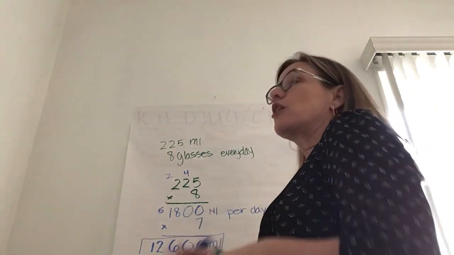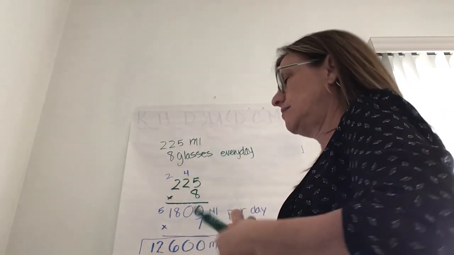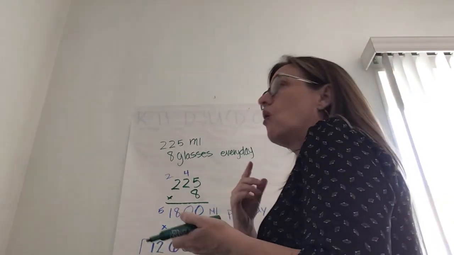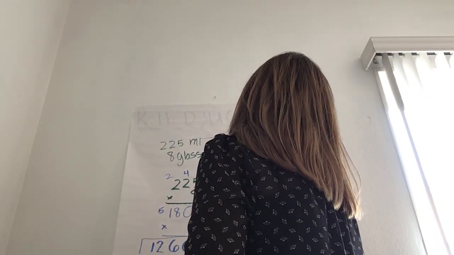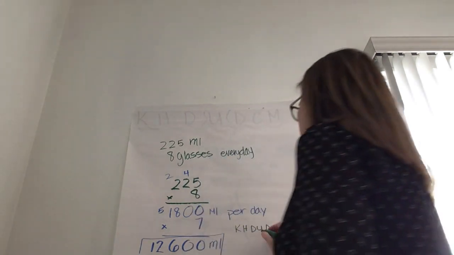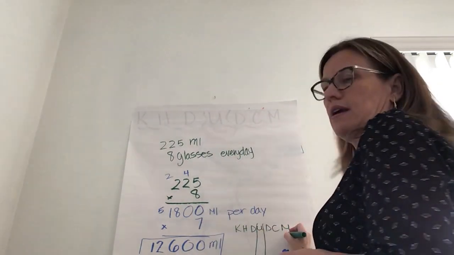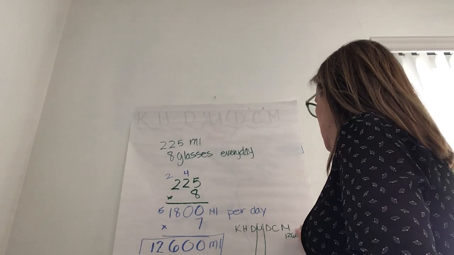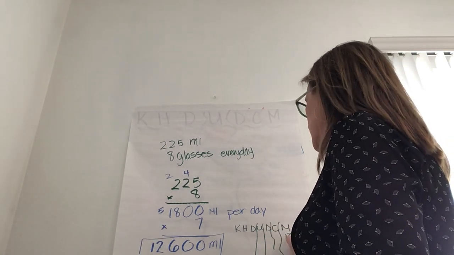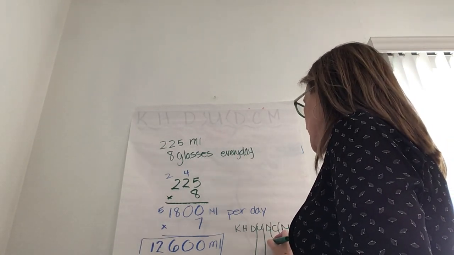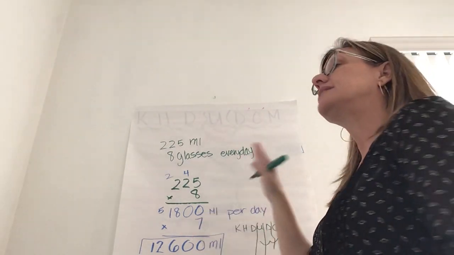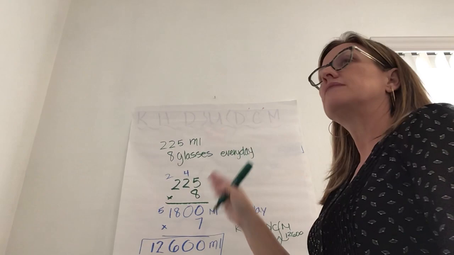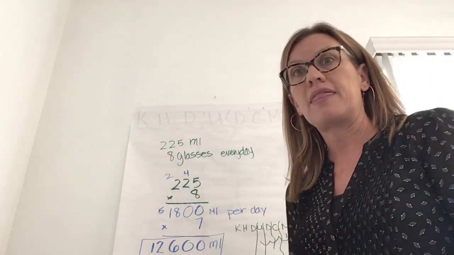So I go back to my chart, because that's always helpful to me. I'm going to say, King Henry died unusually drinking chocolate milk. I'm starting right here and I need to go to liters. So I'm moving 3 places to the left, which means I'm dividing by 10, divide by 10, divide by 10, which means I'm actually dividing by 1,000.